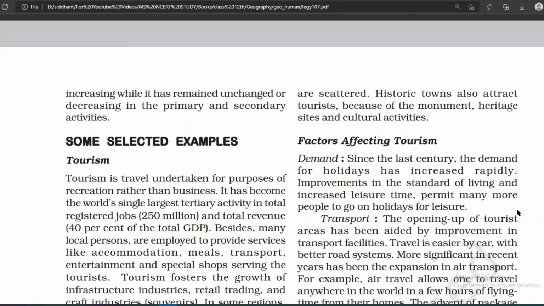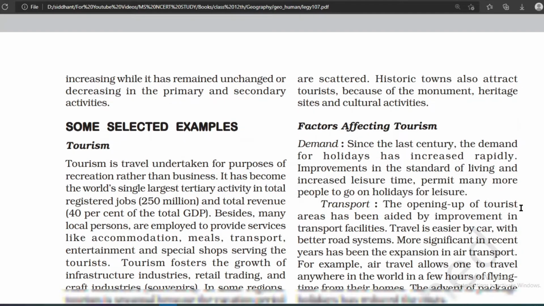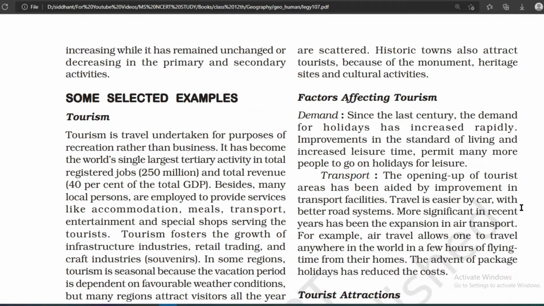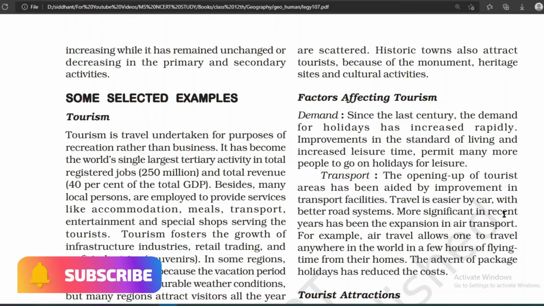Factors affecting tourism demand. Since the last century, the demand for holidays has increased rapidly. Improvement in the standard of living and increased leisure time permit many more people to go on holiday for leisure. Transport. The opening up of tourist areas has been aided by improvement in transport facilities.